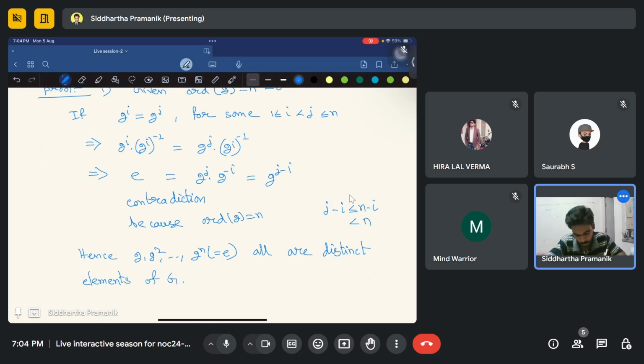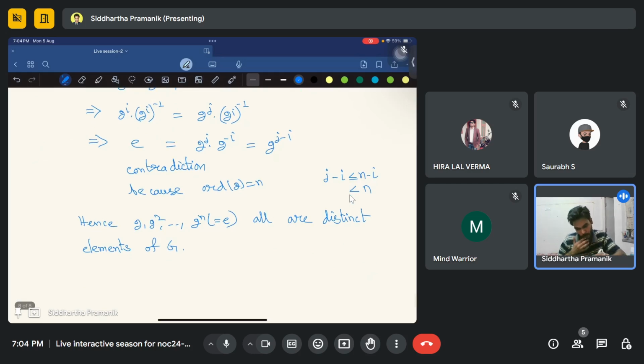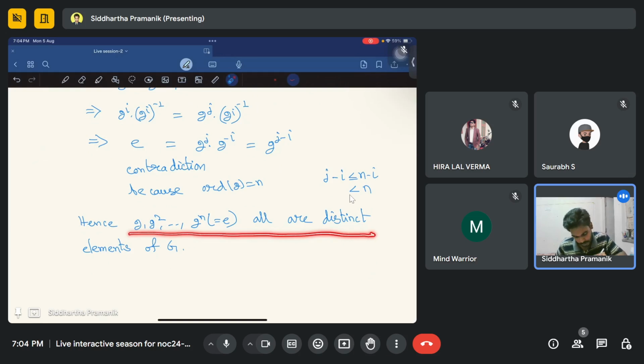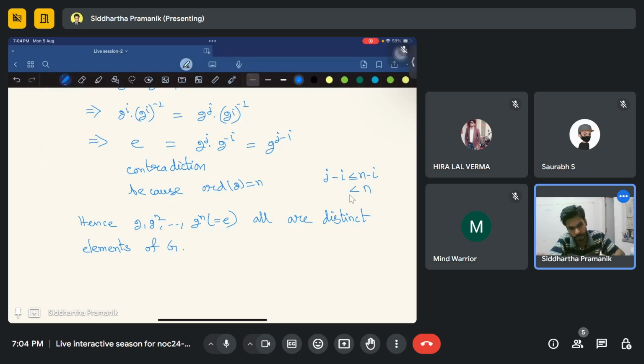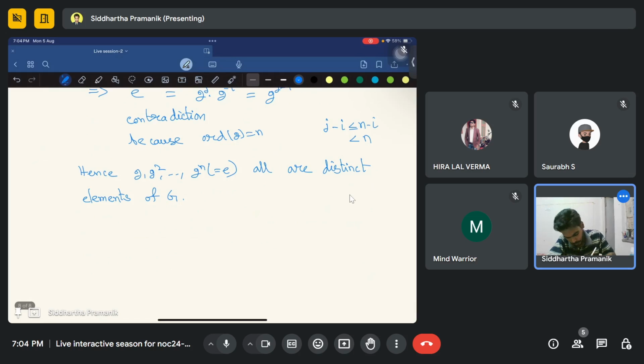Okay, so I hope the first one is clear. So these all are distinct elements of G. So G contains at least n elements, right? So order of G must be greater than or equal to n.